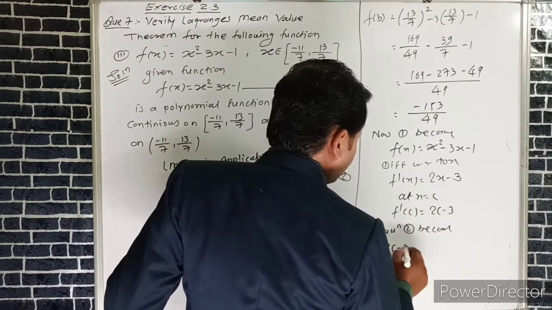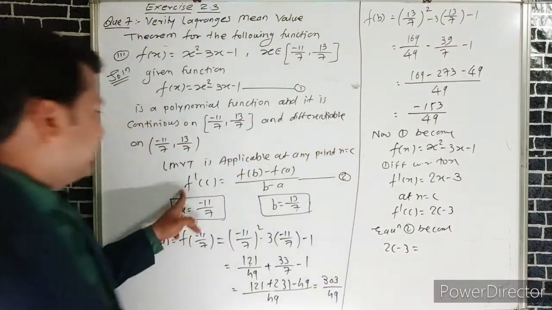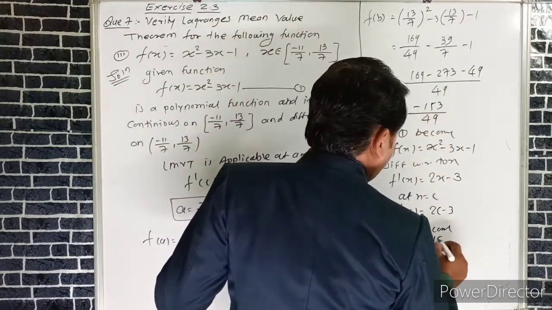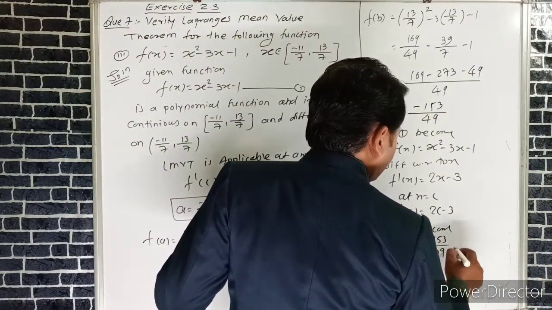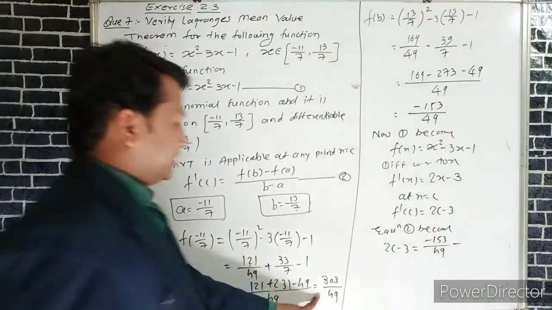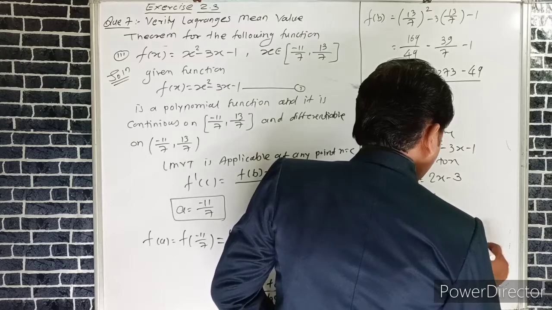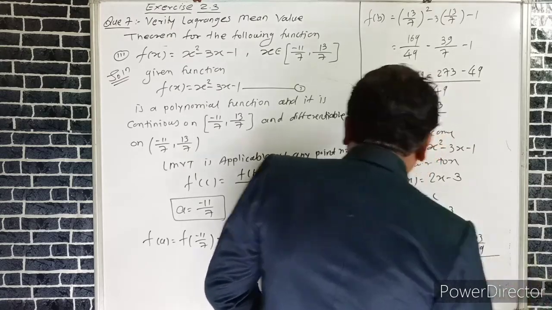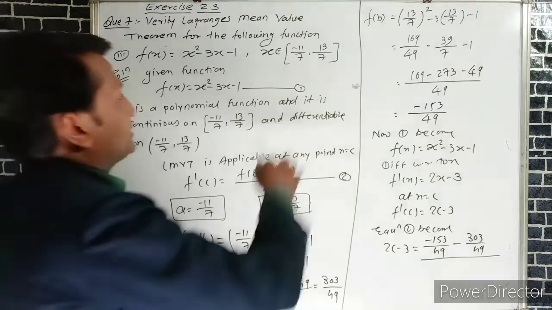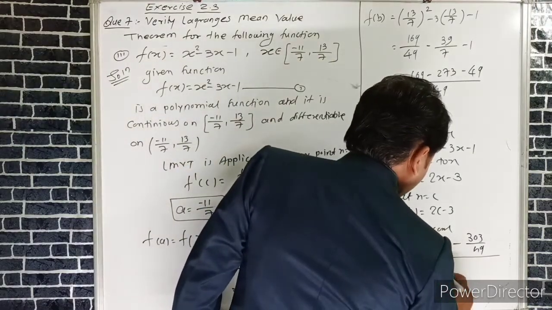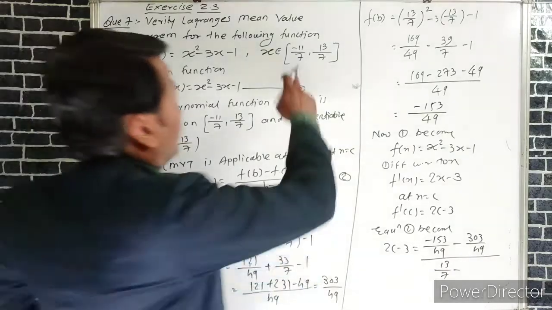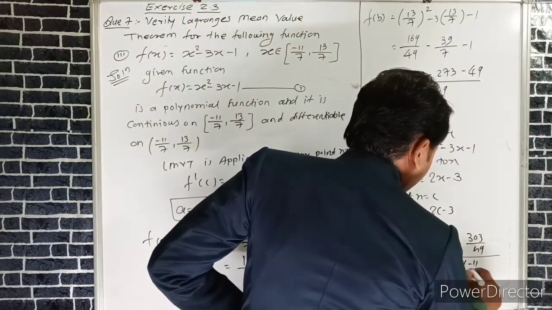First we write the value of f dash of c: 2c minus 3 equals f of b, which is minus 153 upon 49, minus f of a, which is 303 upon 49, upon b minus a, where the value of b is 13 by 7 minus a, which is minus 11 by 7.